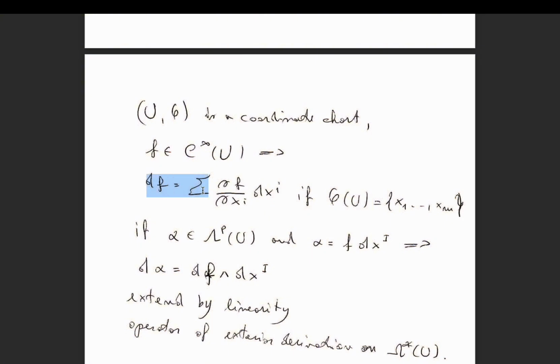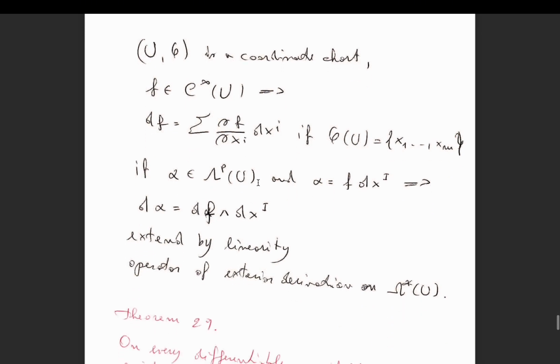If, for example, alpha is a p-form, so is in lambda p of U, and is written as f dx^I, where I is an increasing p-index, then the differential of alpha can be written as the differential of f wedge product dx^I.